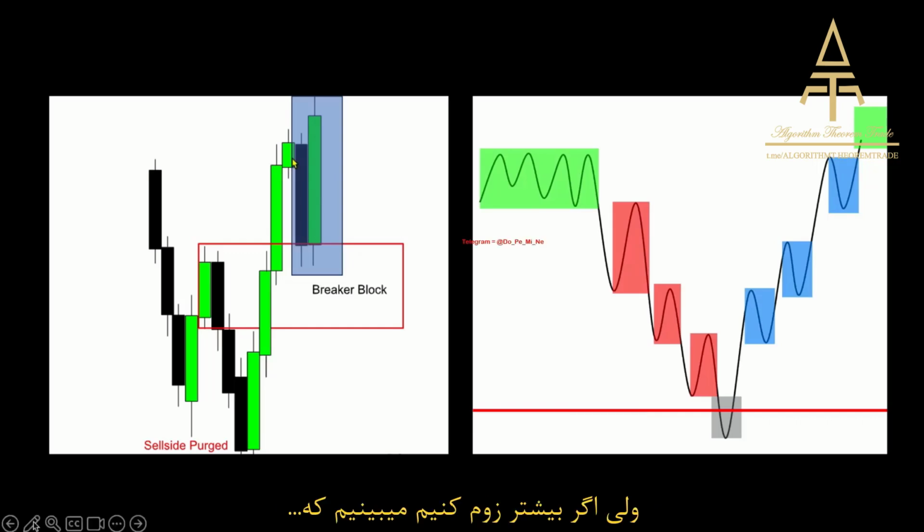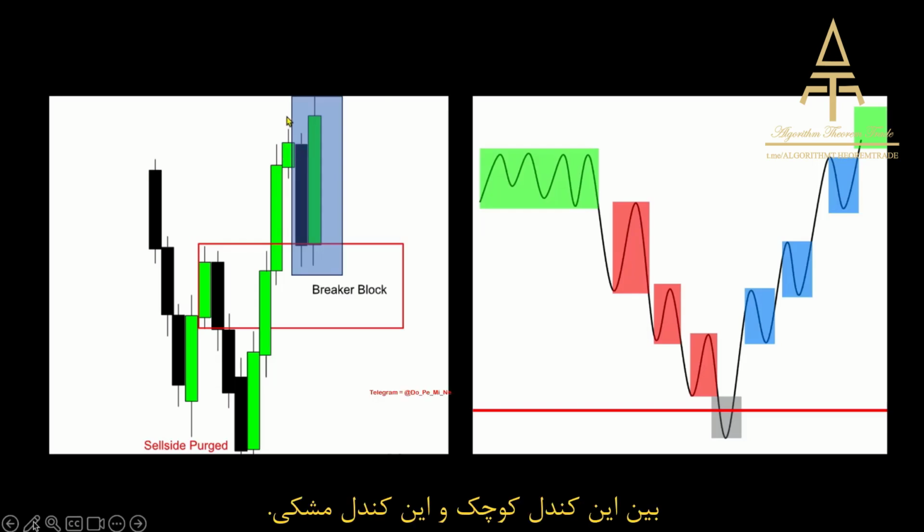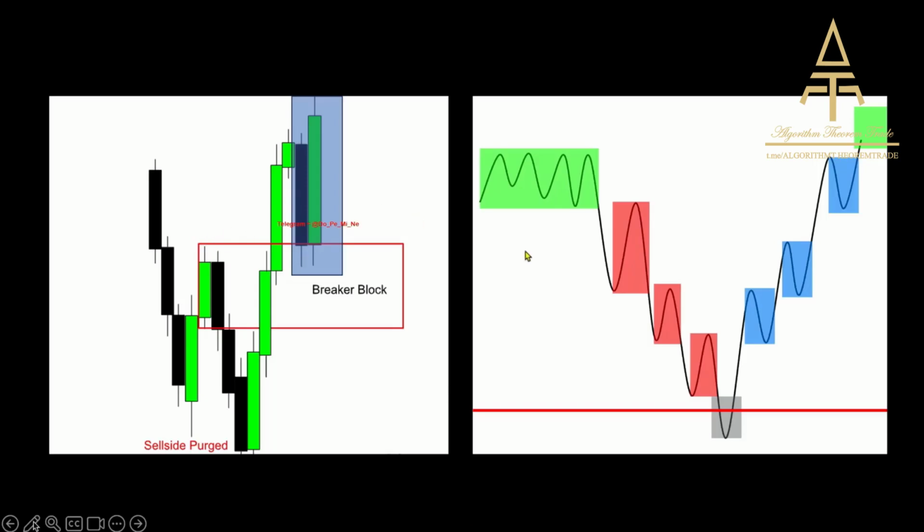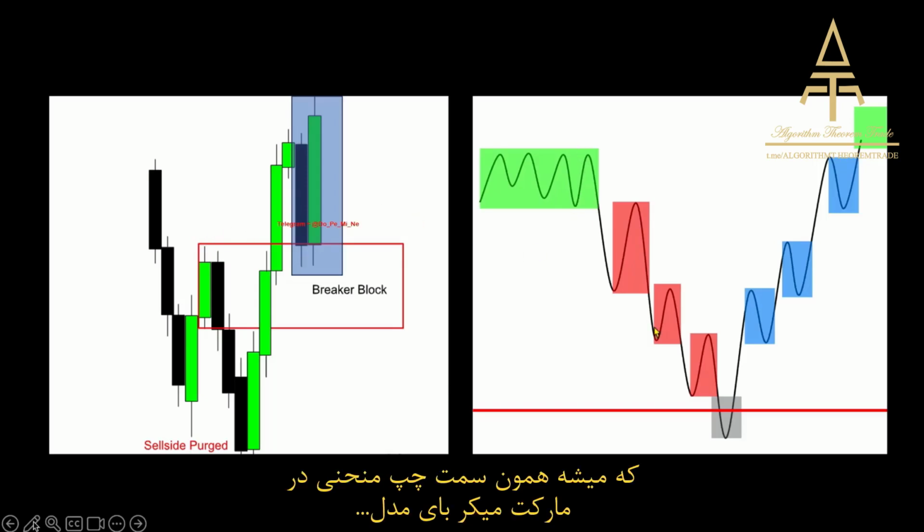But if we zoom in again on this delivery, on the delivery that has been annotated, we can see that equal highs closely got engineered right here between this indecisive candle and this downclose candle. This downclose candle delivers sell side into the breaker block. So that is the left side of the curve within that buy model.